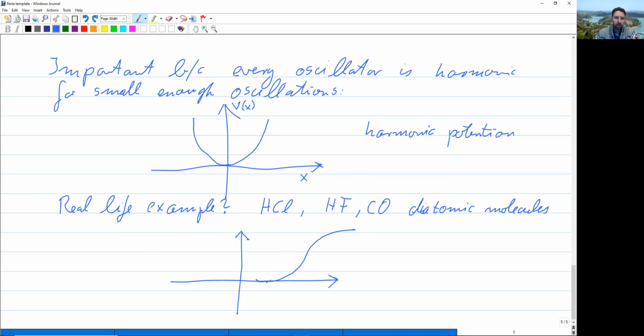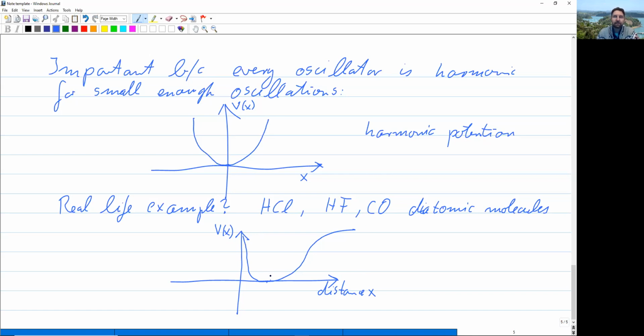It looks more like this. So this is the distance, let's call it x, between the carbon and the oxygen nucleus. And this here is the potential, V of x. We are interested in the oscillations of these molecules against each other.